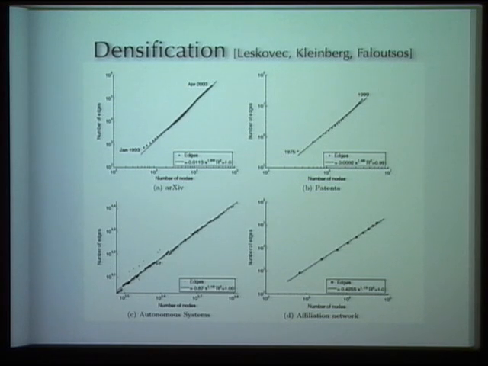They looked at the arXiv, the high-energy physics portion of it, the network of patents in the United States, the network of the internet at the level of autonomous systems, and they also looked at an affiliation network between papers and their authors. And what they found is that actually the average degree in these networks goes up with time.